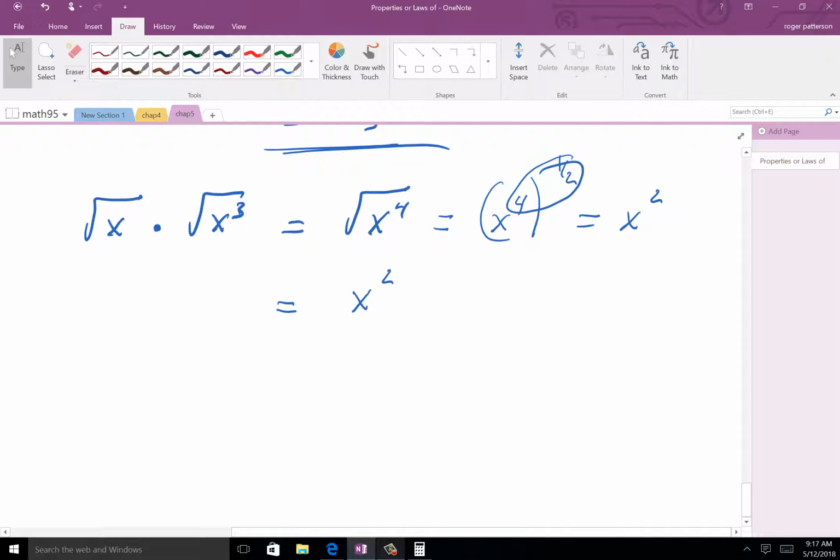Okay, let's see. Back to this here. So let's see, we were multiplying these things, and we did one with a variable. Let's do a cube root because he likes cube roots.